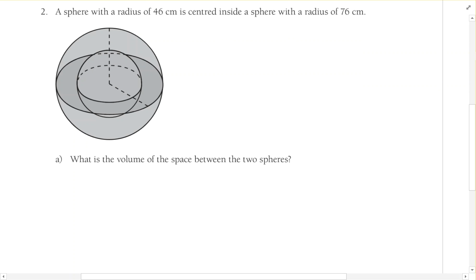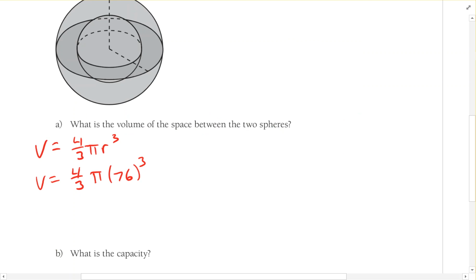So let's do the volume of the big sphere. V is equal to 4/3 pi r cubed, so V is equal to 4/3 pi times 76 cubed. Actually, I don't need to write that. Let's put it into the calculator.